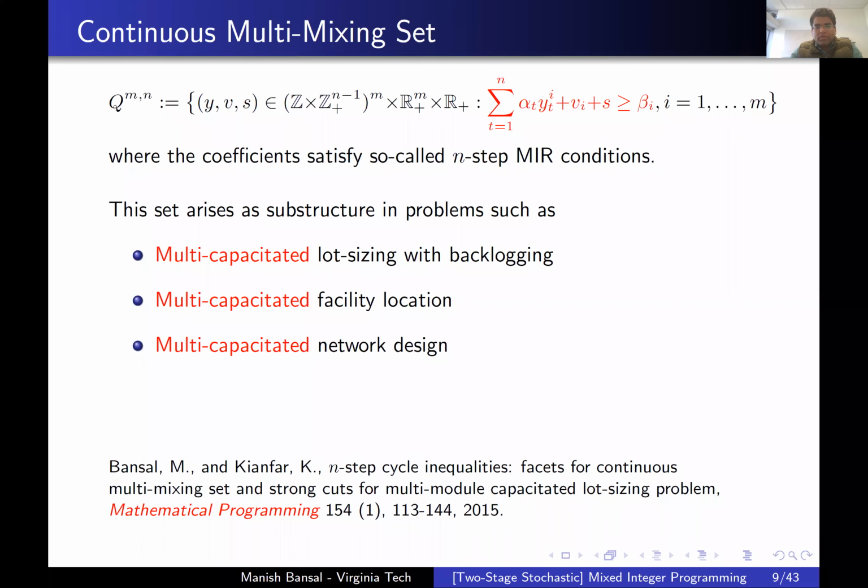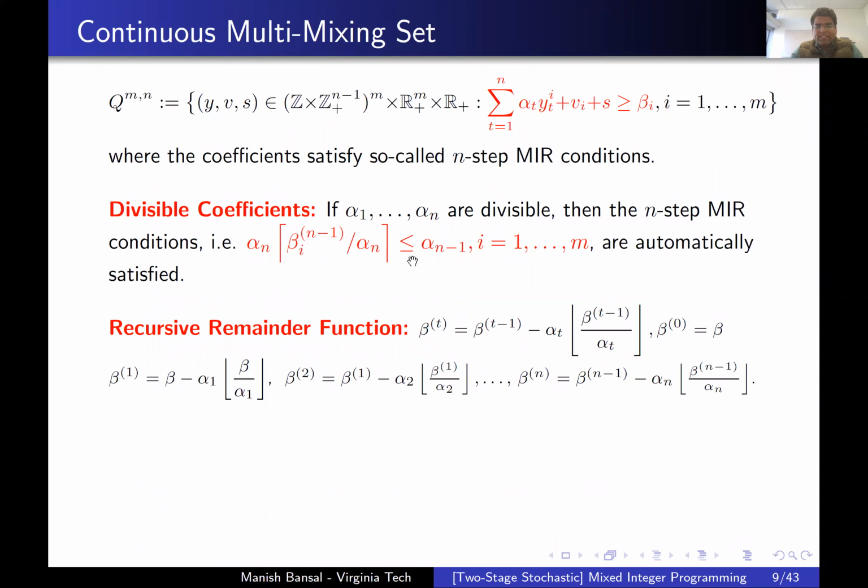And here I will assume that the coefficients satisfy the so-called n-step MIR condition. These sets arise as a substructure in problems such as multi-capacitated lot sizing, multi-capacitated facility location, and network design problems. So here is this n-step MIR condition, but we won't get into the details of it.